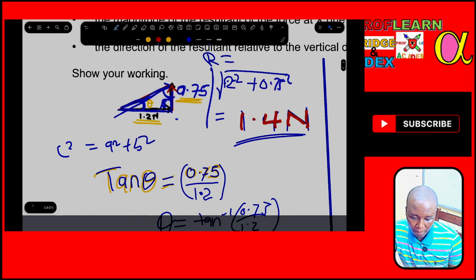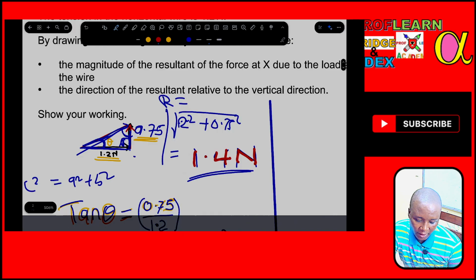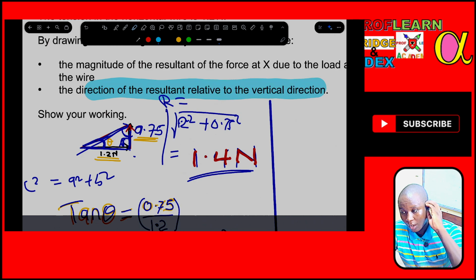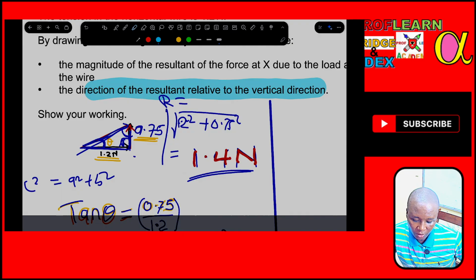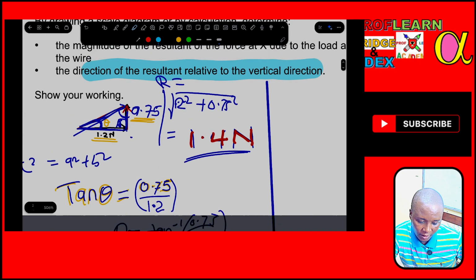But you are also told we are supposed to find the direction of the resultant force relative to the vertical direction. So in order to find the direction of the resultant force, we are going to work out this angle that we have at this point.